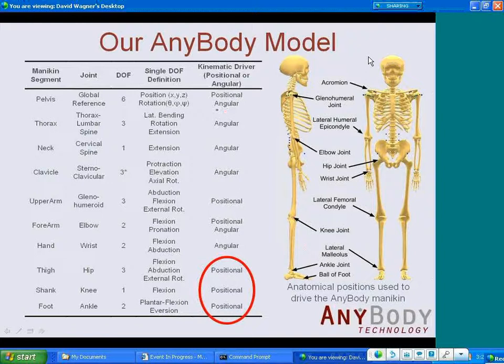I think there are 42 degrees of freedom, not exactly sure, and each of those degrees of freedom has an angle associated with it, except for the global XYZ position of the pelvis, which gets held in place.